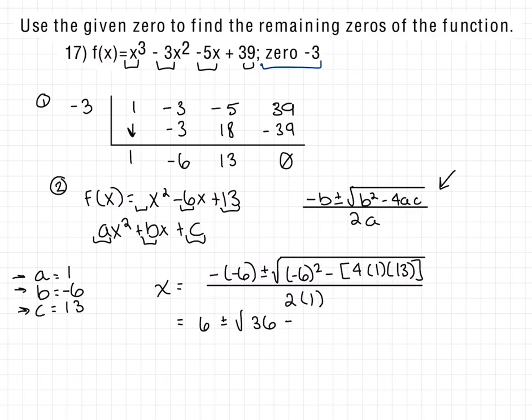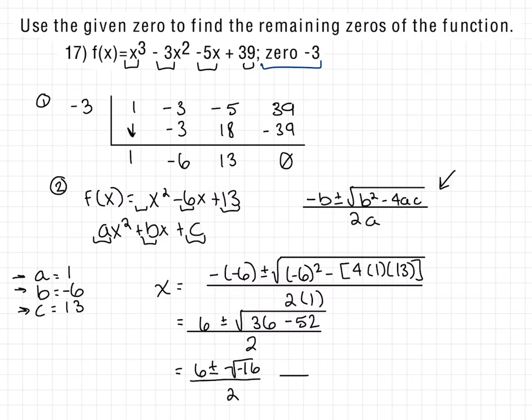So you get minus 52. Divided by 2. And then simplify again, and we'll get 6 plus or minus the square root of negative 16 divided by 2.